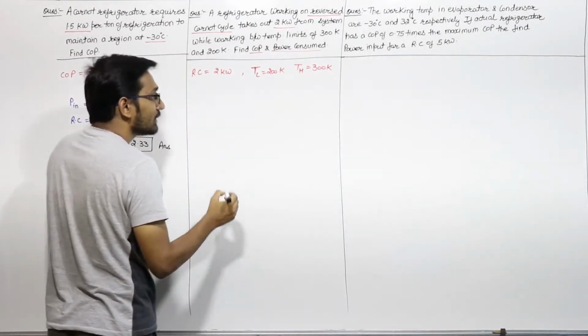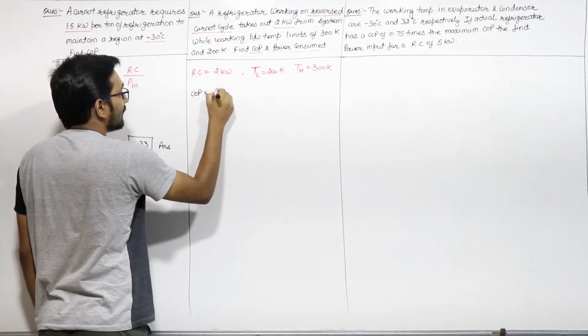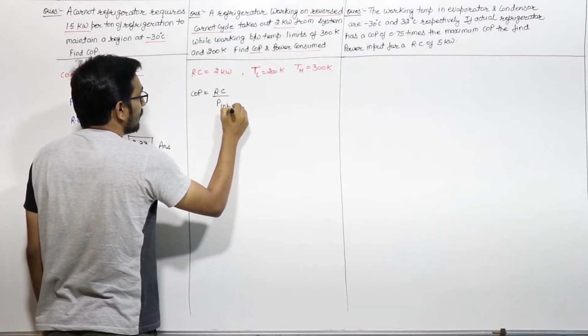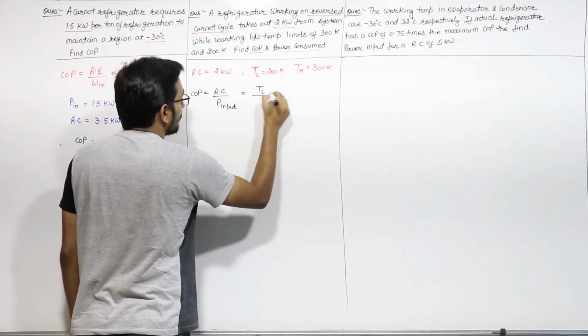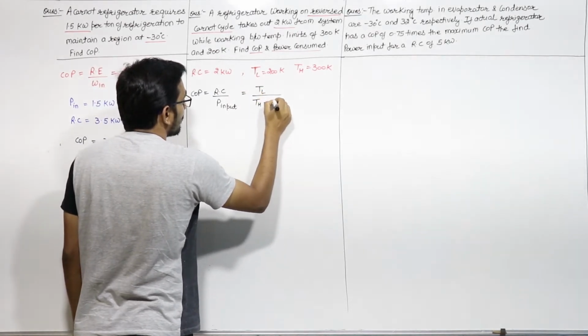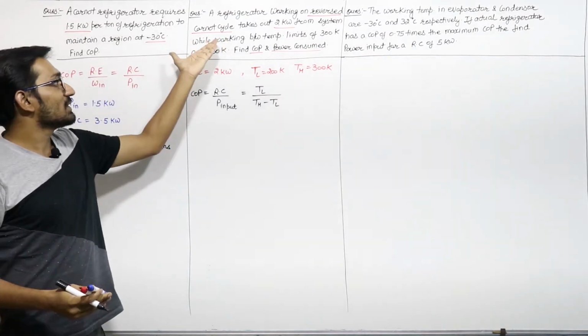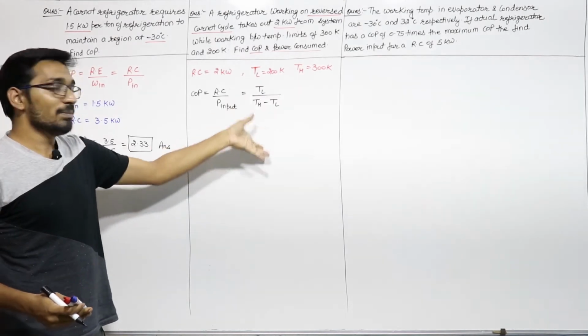We know that COP will be refrigeration capacity upon power input, and this COP is also equal to lower temperature upon higher temperature minus lower temperature. Because this is a reversed Carnot cycle, we can write the COP in the form of temperature itself.